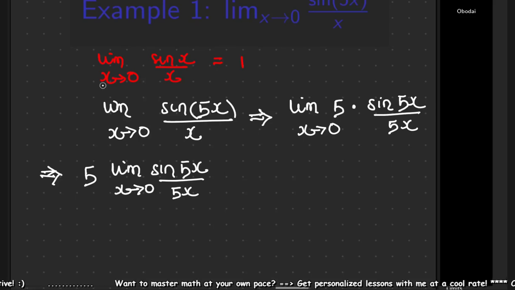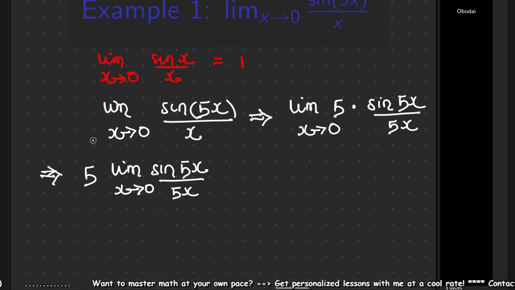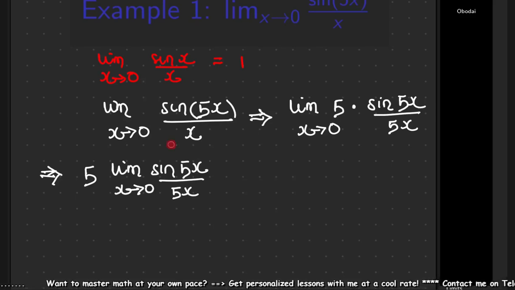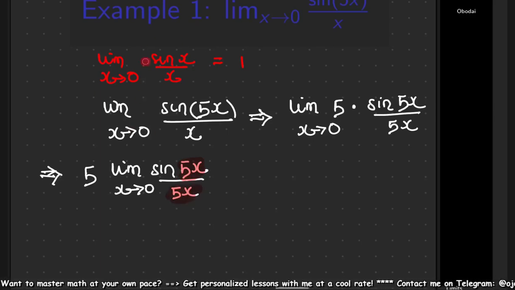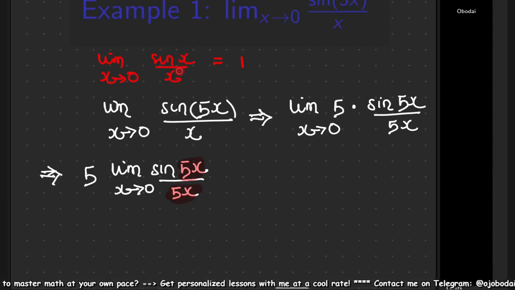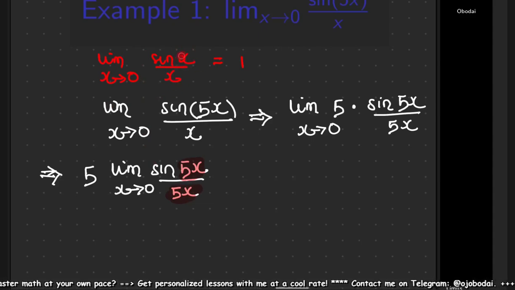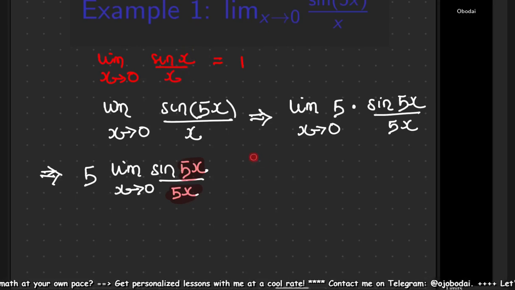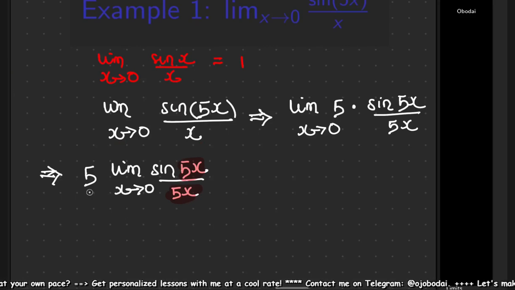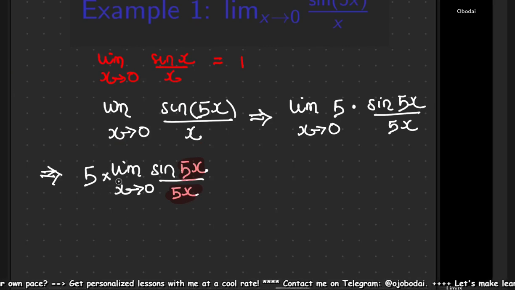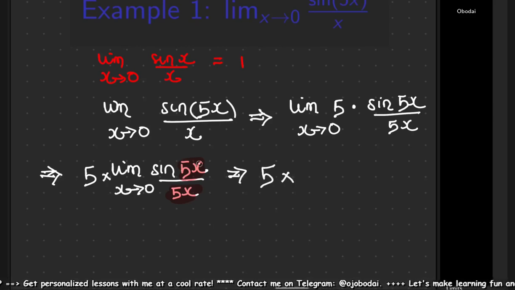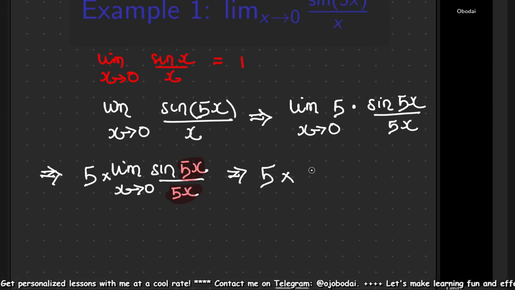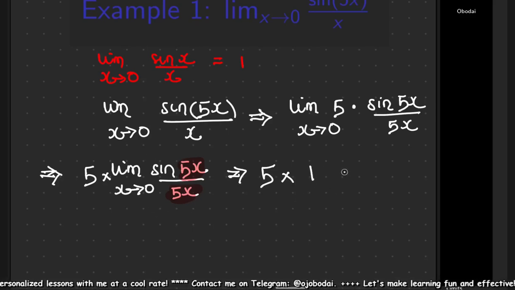Now this can be compared to this. Our general formula says if what you have as the input of sine is the same as what you have as the denominator, then it's equal to 1. So we are going to get a 5, then times the limit of all of this, which gives us 1. So times 1.